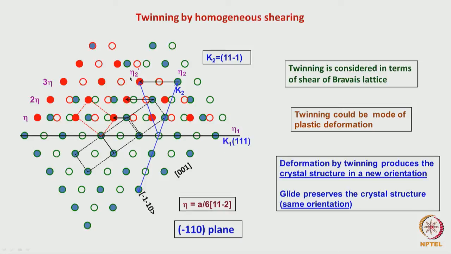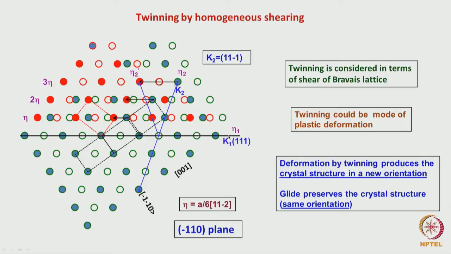But if you take a direction perpendicular to this and give a rotation to the old structure, I could get the new structure. It is related by rotation also, a 180-degree rotation.